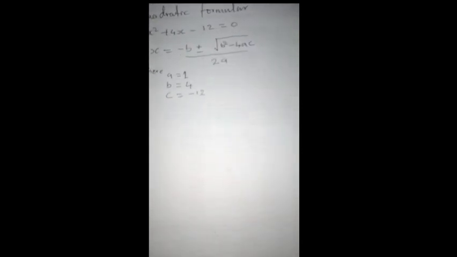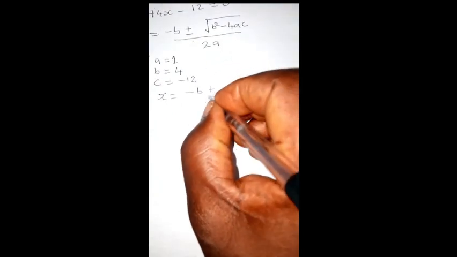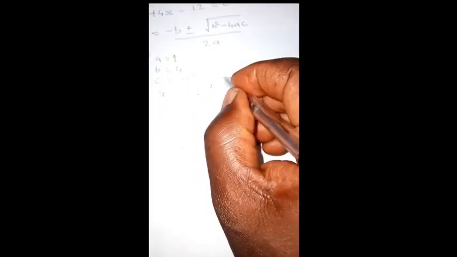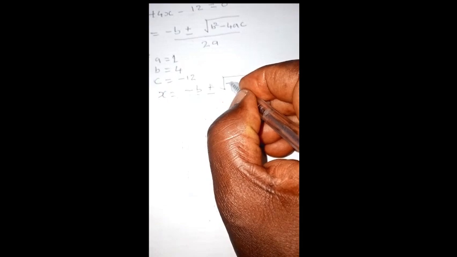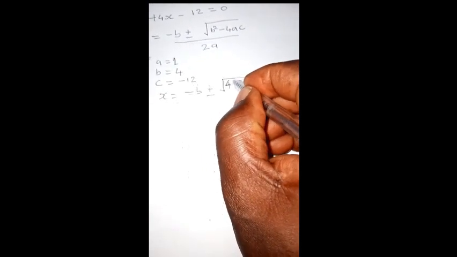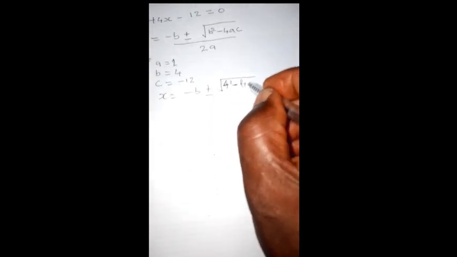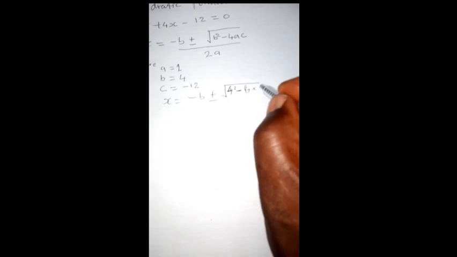So when this is taken care of, we are going to have x is equal to minus b plus or minus the root of 4 squared minus 4 times a, which is 1, times c, which is minus 12.